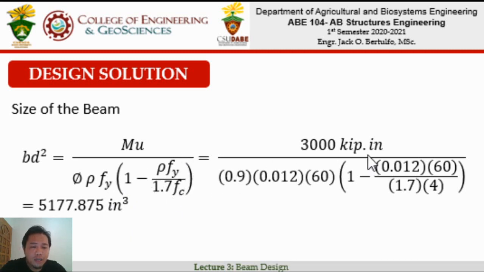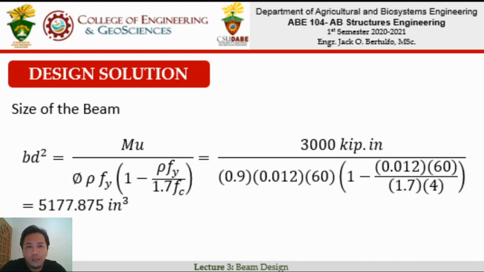So just substitute 3,000, 0.9, 0.012, 60, then the quantity of 1 minus 0.012 times 60 divided by 1.7 multiplied by 4. Then you have BD squared equal to 5,177.875 inch cubed.